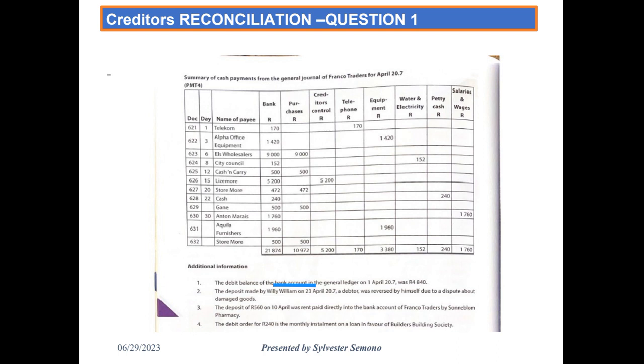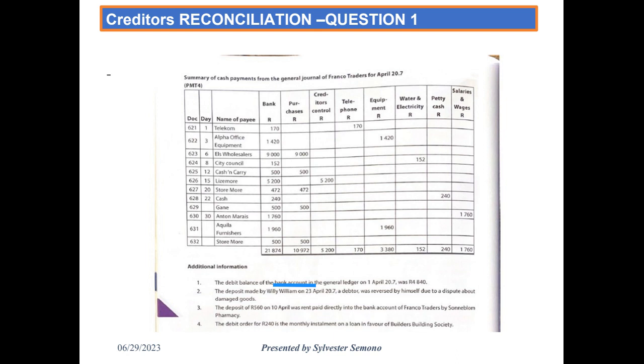Yes, tick both. 622 is there. 623 is there. 624 is there. 625 is present. 626 is also present. 627 is there. 628 is there. 629 is there. 631 is present. 630.